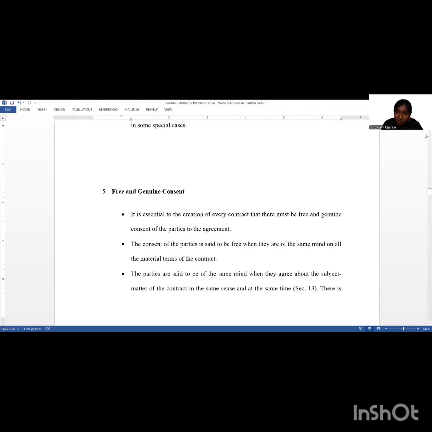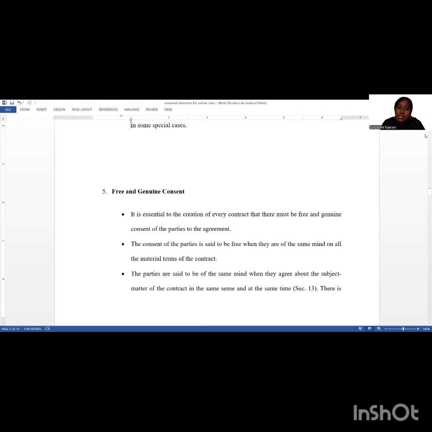If my manager wants me to get into a particular contract, but I am not interested, I am not supposed to sign it. The manager does not have the right to force me to sign. So any contract should have free and genuine consent. Only if I accept, I can do that. If not, no. That is a very normal justice thing, no? This is what free and genuine consent is.